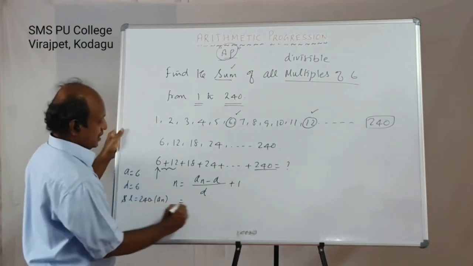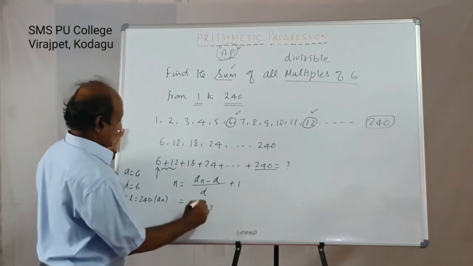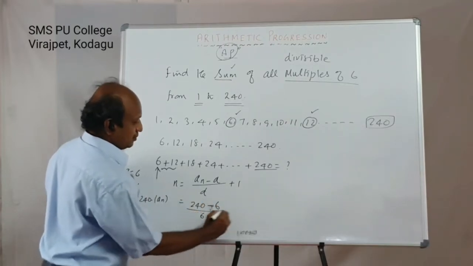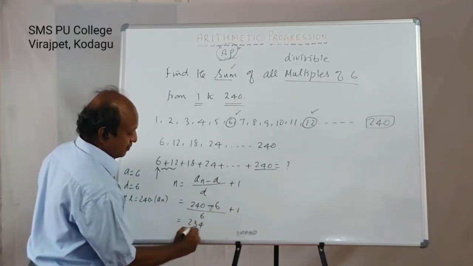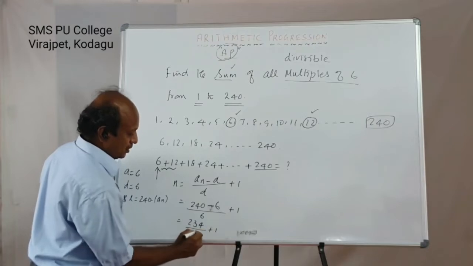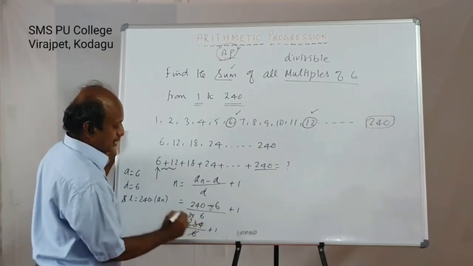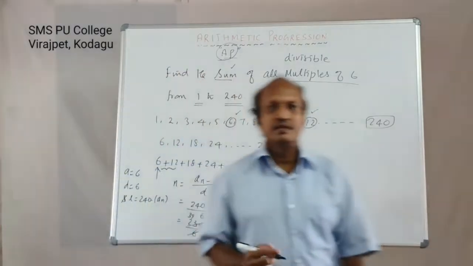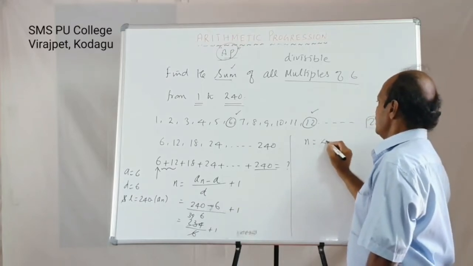Here an is 240 minus a, which is 6, by d, which is also 6. We get 234 by 6 plus 1. 234 by 6 is 39, and 39 plus 1 is 40. So the value of n is 40.